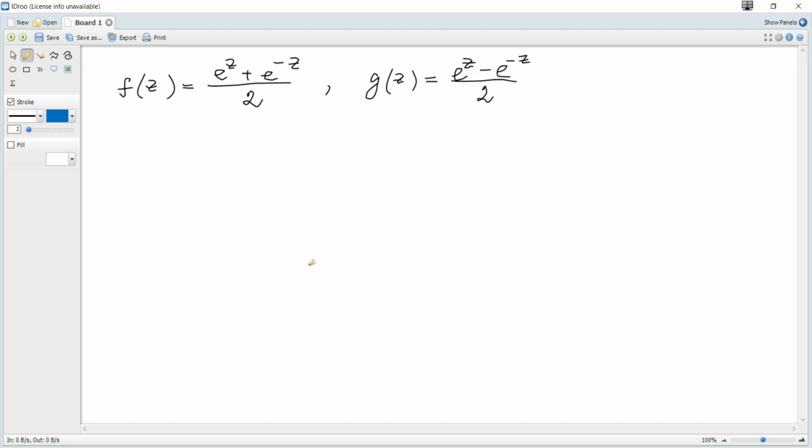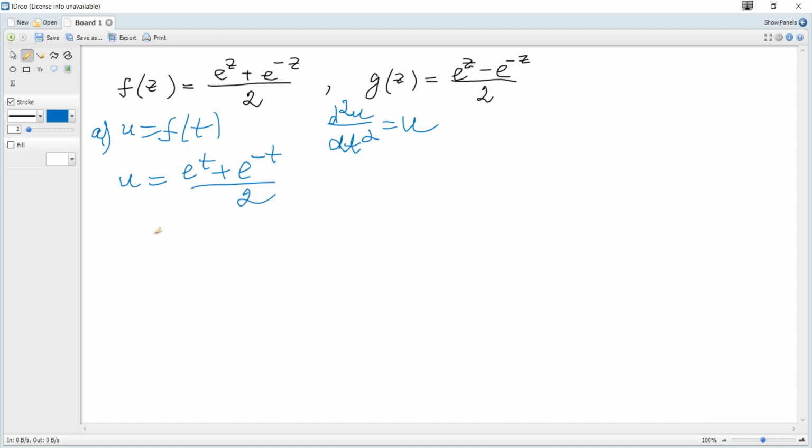A. 2 marks. Verify that u is f of t satisfies the differential equation. The second derivative of u with respect to t is equal to u. So we need to find the second derivative of u, and u is e to the power of t plus e to the power of negative t over 2, and we know that e to the power of t derivative is the same e to the power of t, and e to the power of negative t derivative is negative e to the power of negative t.